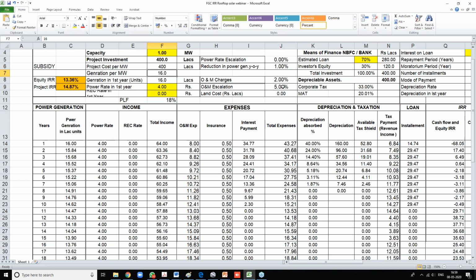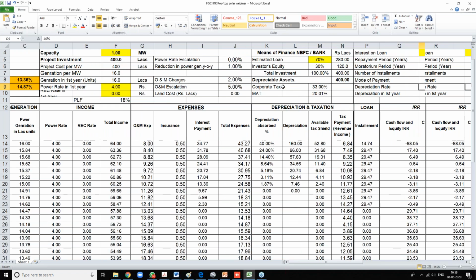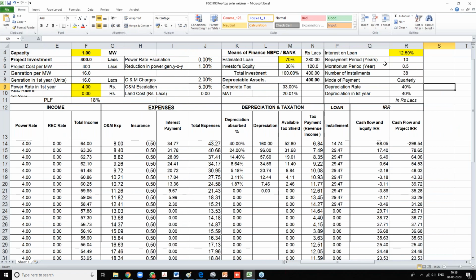Of course, the O&M cost components are very small in your case, but the interest on loan, we have kept at about 12.5%. But if this interest on loan is 8.5%, then the project becomes highly attractive.